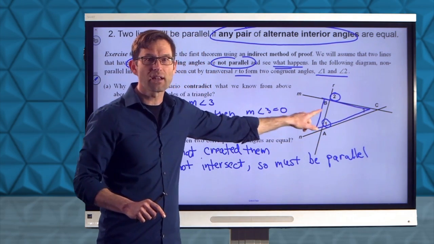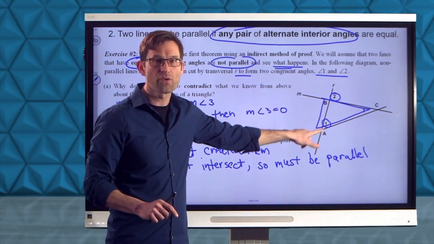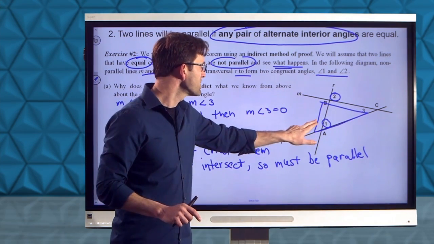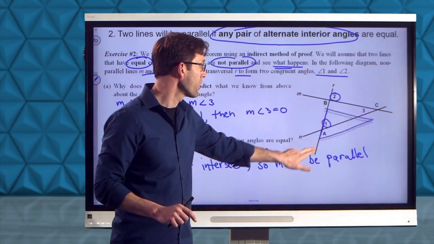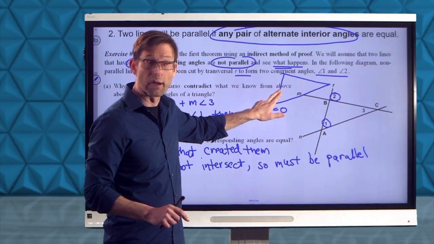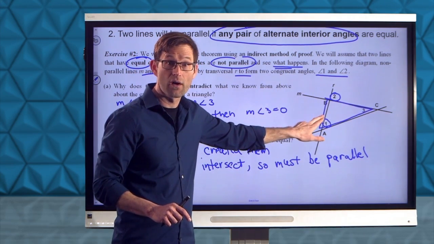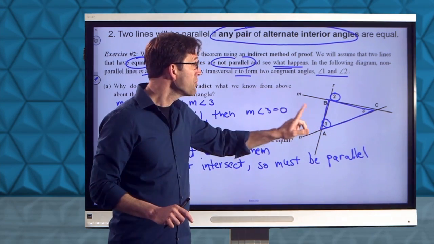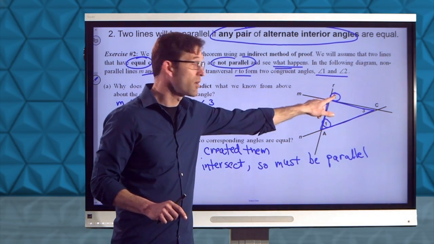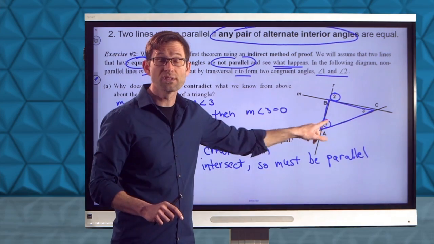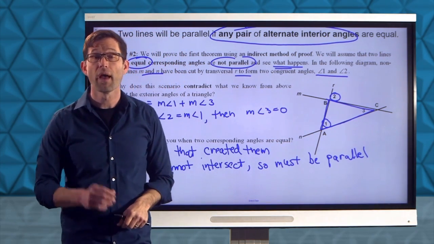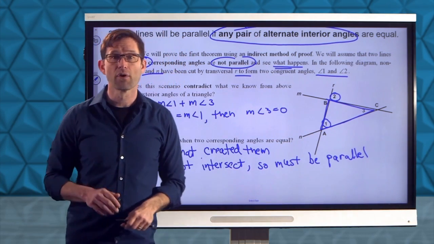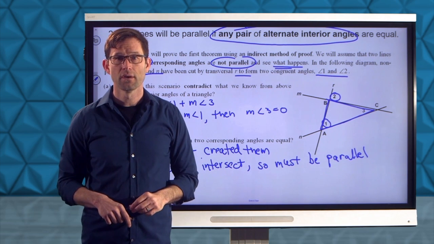But now if they intersect, these two lines plus the transversal must create a triangle. In fact, they must create this triangle, the one that I accidentally moved. And because of that, that exterior angle number 2 simply can't be equal to number 1. And therefore, the lines could never have intersected in the first place.